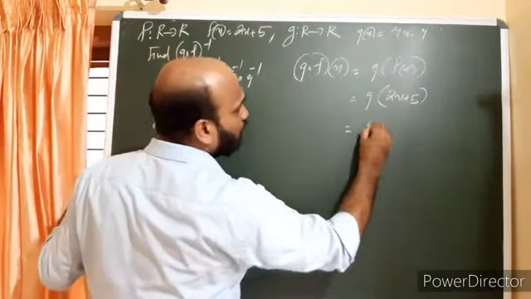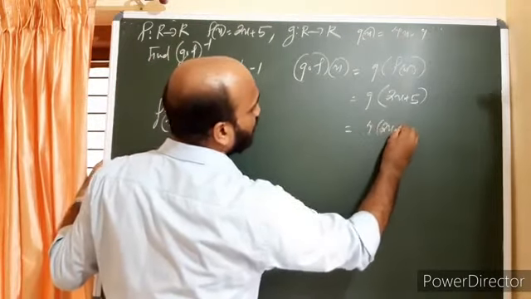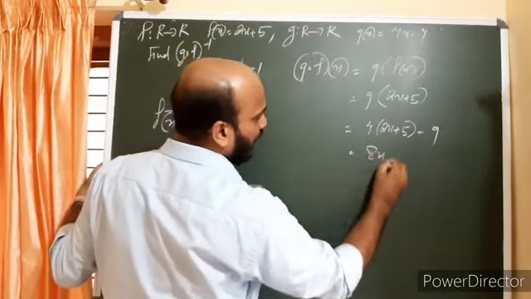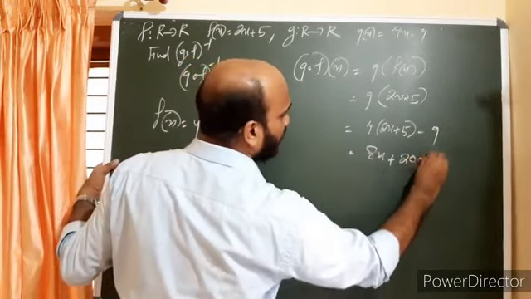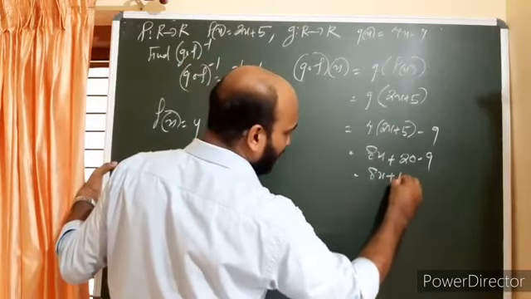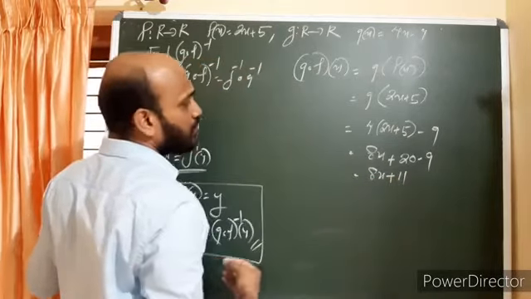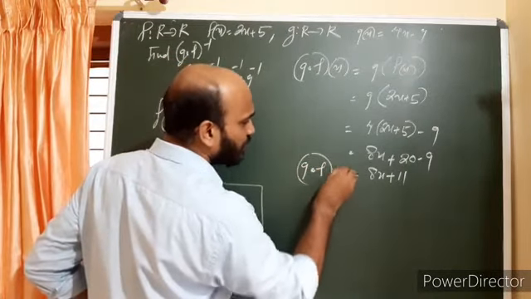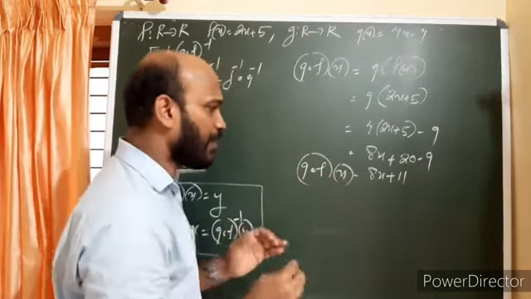So, it will be equal to 4 into (2x plus 5) minus 9. So, this is 8x plus 20 minus 9. Answer is 8x plus 11. So, g of f of x we are getting 8x plus 11.